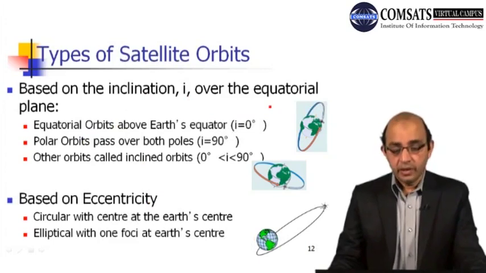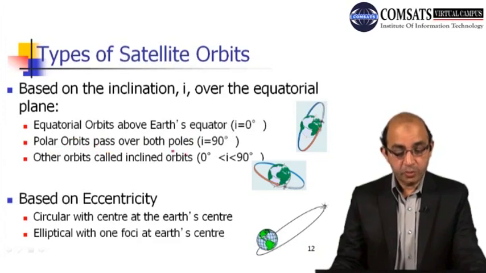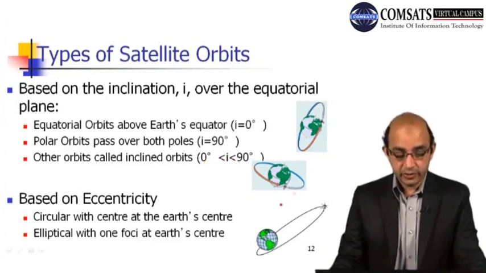Okay, so here we have more details of different types of orbits. Inclination over the equatorial plane, right? So equatorial orbits are above Earth's equator, polar orbits pass over both poles, where i is equal to 90 degrees, and here we have 0 degrees. Other orbits are called inclined orbits, where i is greater than 0 degrees and less than 90 degrees.